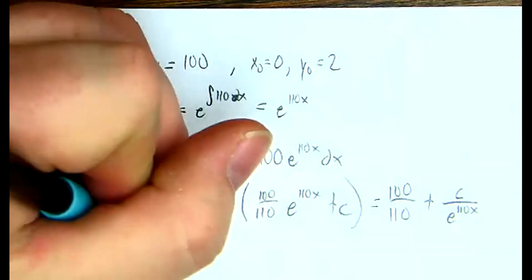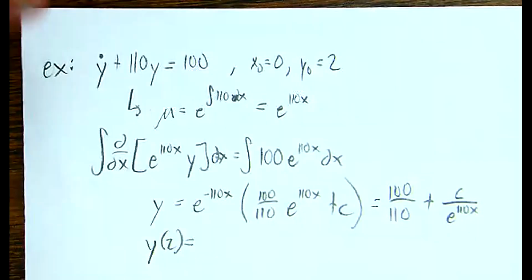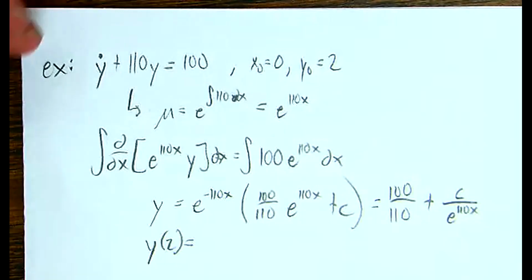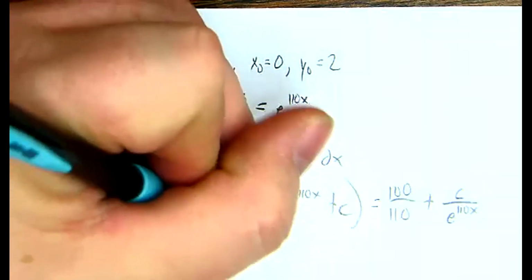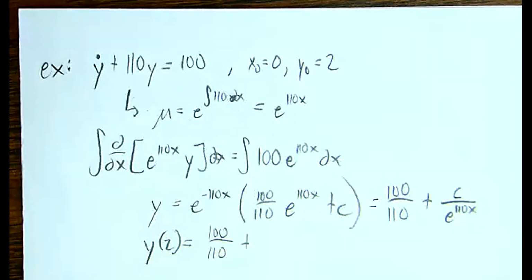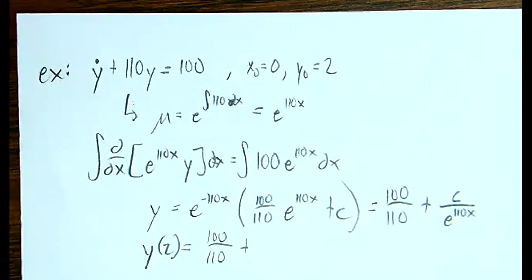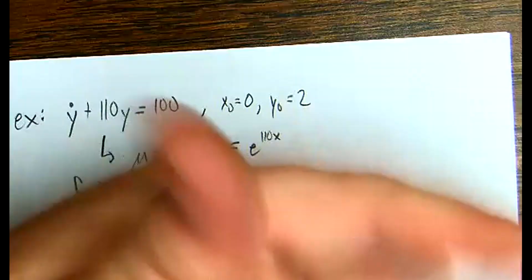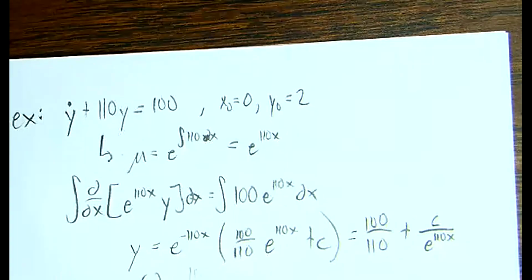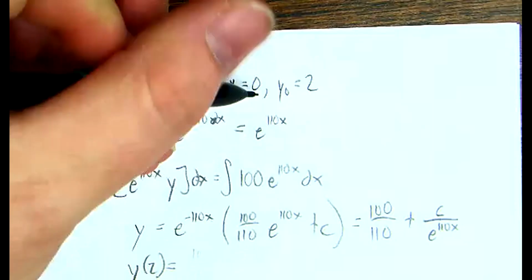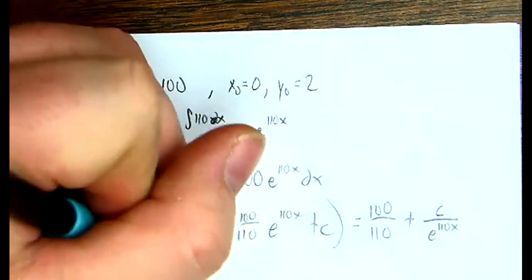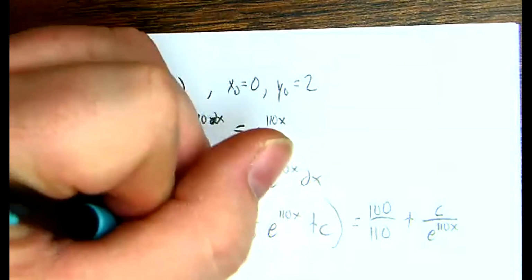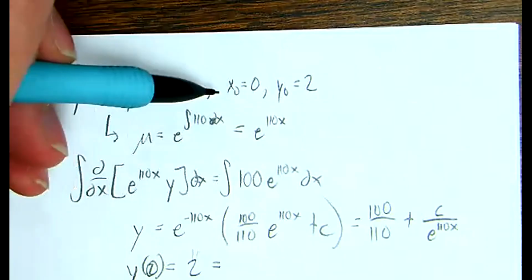All right, perhaps we should find our constant of integration first. Yeah, okay. So we know y of 0 is exactly 2, because that's from here.